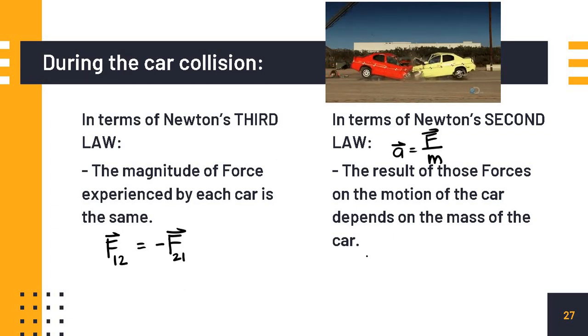So let's say, for instance, instead of colliding with the yellow car, the red car collides with a 16-wheeler truck. Even though I won't show it in this slide, we can visualize what will happen in that kind of situation.